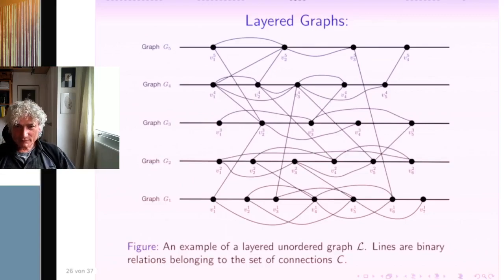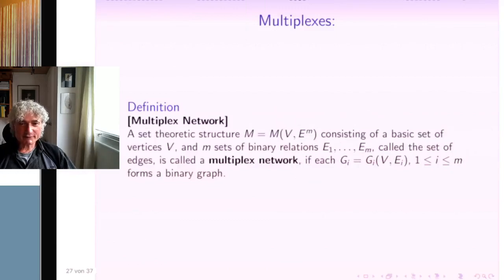Now there is a special case which is discussed very often in network theory and in complex systems, and that is the so-called multiplex network. The only difference to a layered graph is that in a multiplex network we have only one vertex set V instead of m different ones.